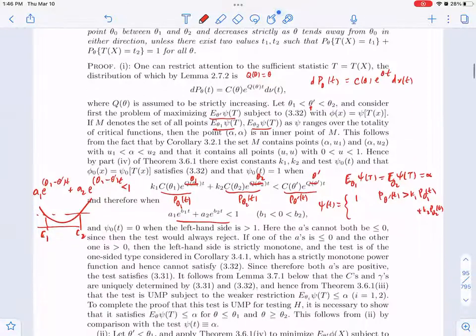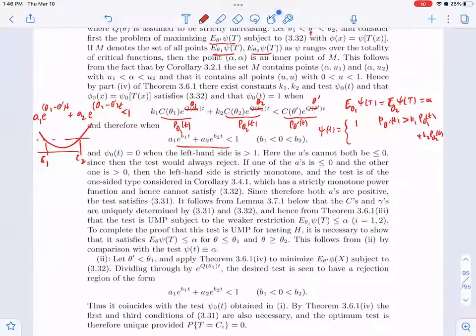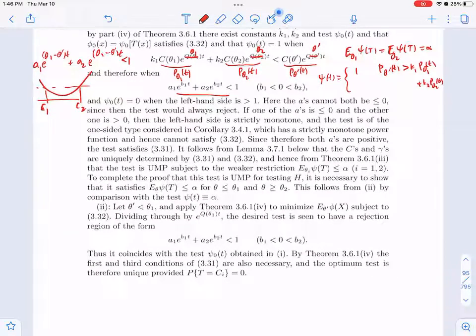Okay. And the next step, we're actually out of time, so I'll just wave my hands around. But then you'd show that this minimizes power if theta prime is outside, less than theta 1. The same lemma that we had for maximizing works for minimizing, but you have to flip things.